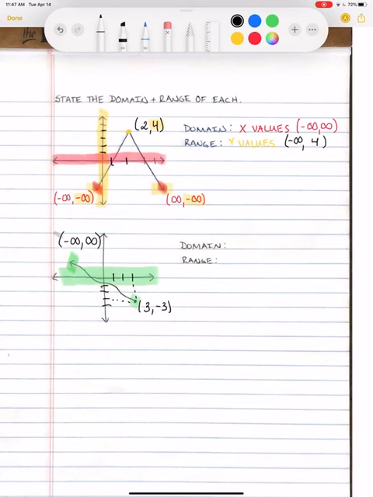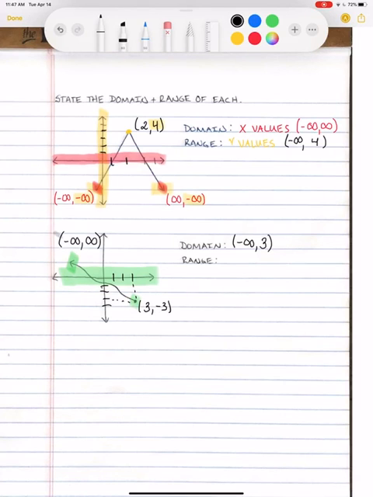The domain, again, deals with x values. So our left x value is represented by the arrow, that's negative infinity. Our right x value, represented by the dot, is positive 3. So that's going to be our domain. Our range is how tall the graph is. So we go from the lowest point of our graph to the highest point of our graph.